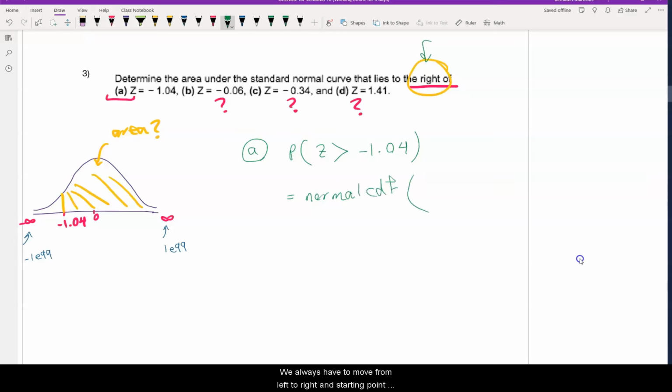We always have to move from left to right, and the starting point in this case is this z-score. And moving to the right, our ending point is positive infinity. Then we have 0, mean, and standard deviation 1.